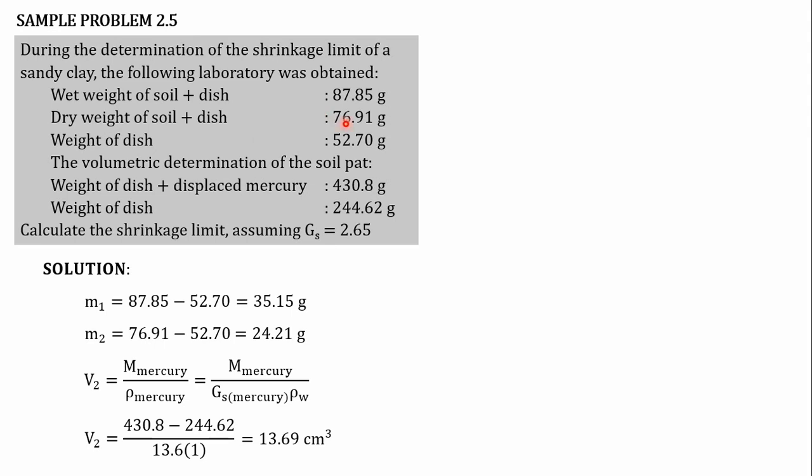But there is a second formula, which is the one we derived, class: the shrinkage limit is equal to V2 divided by the dry mass M2, minus 1 over the density of solids times the density of water.